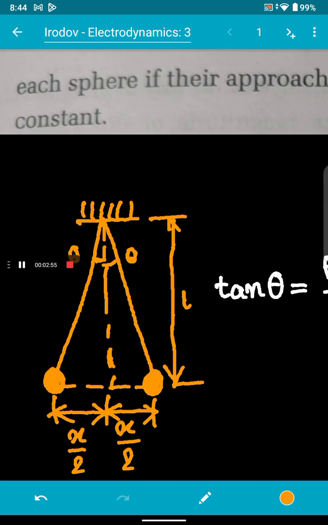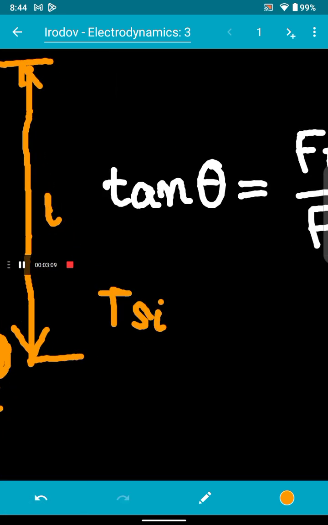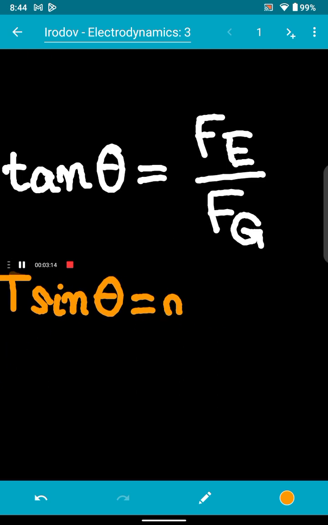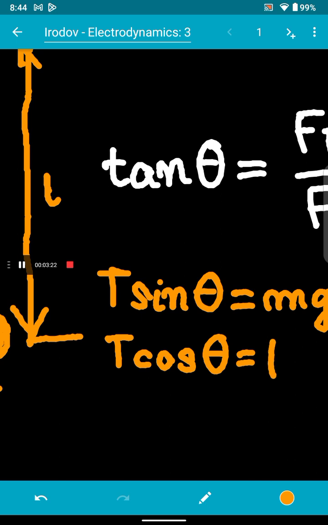If this is theta, and if you draw this here, this will also be theta. From here, the vertical component of tension, T cos theta, will balance your gravity, T sin theta will be equal to mg, and mg means Fg, the gravity, and T cos theta will balance the electrostatic force.